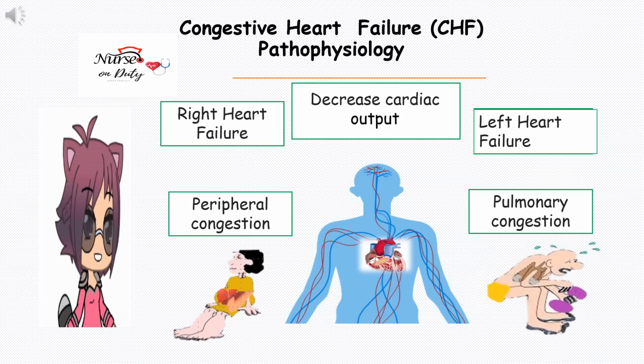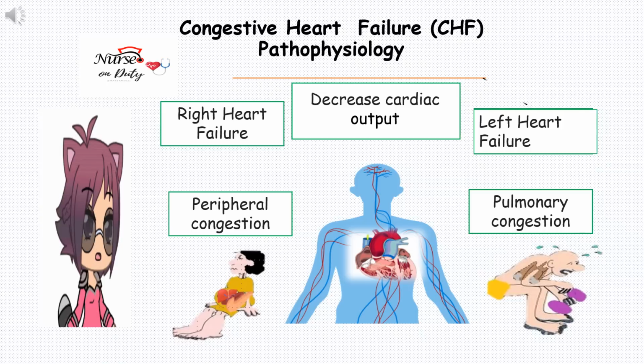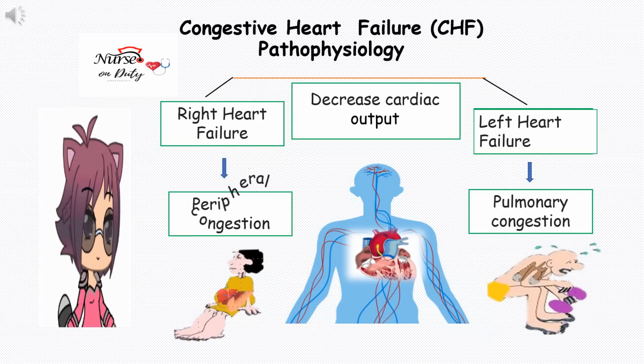Driving through this pathophysiology, na-discuss natin kanina, meron siyang divided into right and left failure. So, pag left heart failure, as I mentioned, pulmonary congestion ang mga manifestation. Pag right heart failure naman, it's more on peripheral congestion.